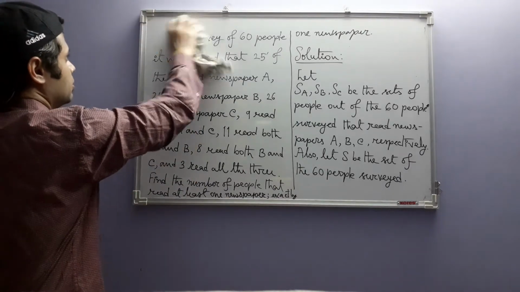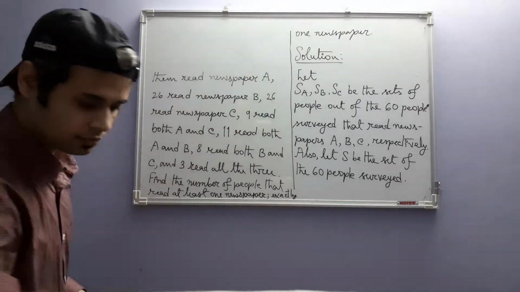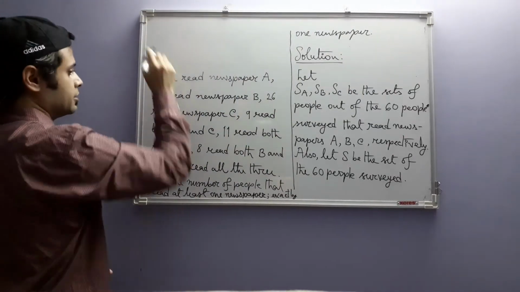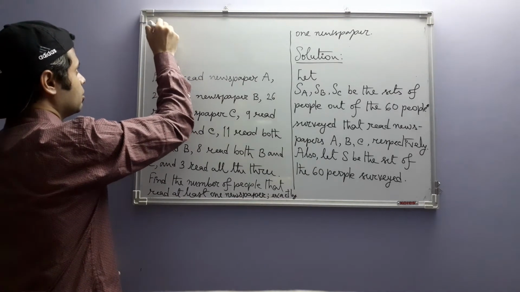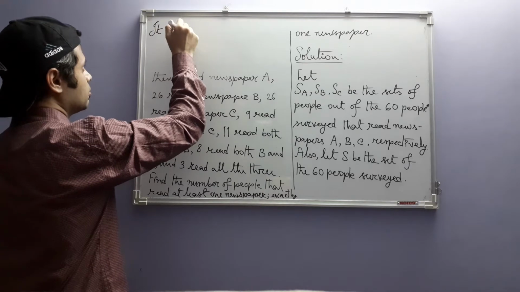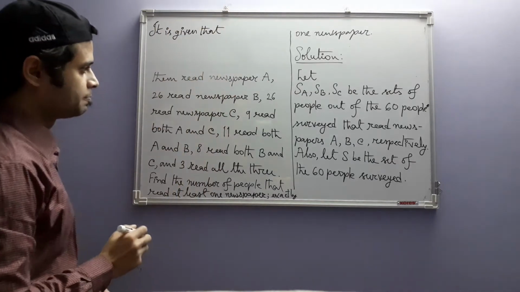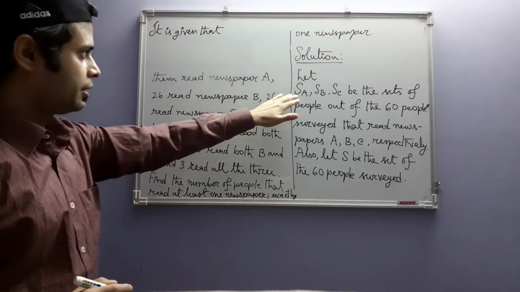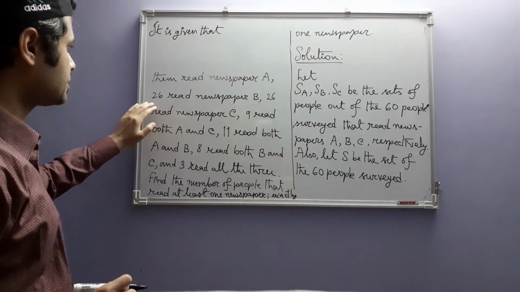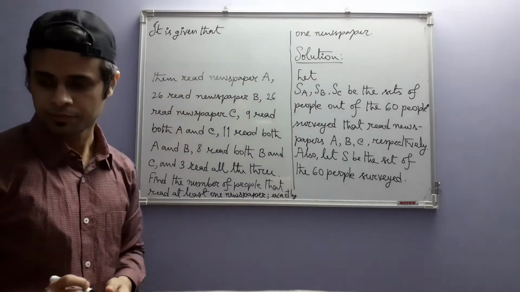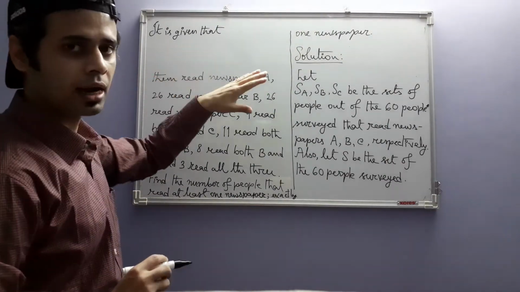Okay, I can wrap this part up and I can write like this. So that means I am continuing from here. It is given that, okay, SA is the set of those people who read newspaper A, and what is given to us, I wrapped that number now. 25 people read newspaper A out of the 60 people.